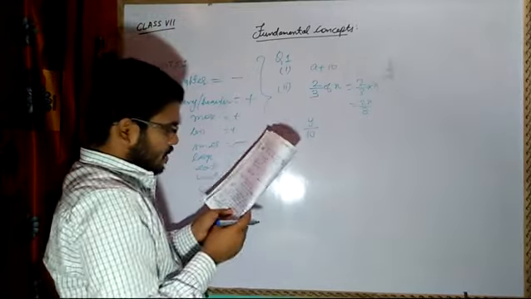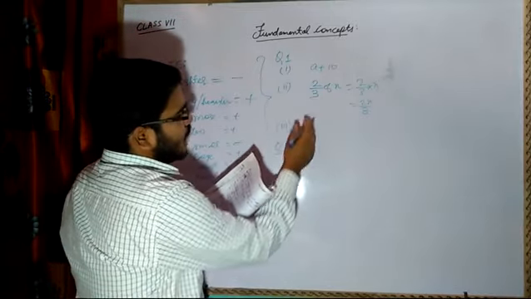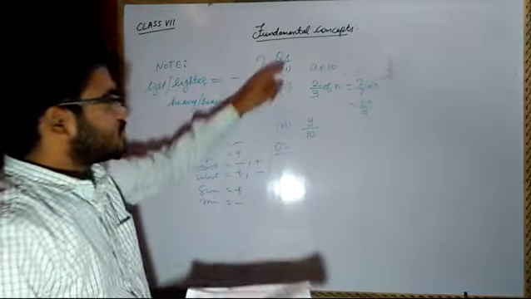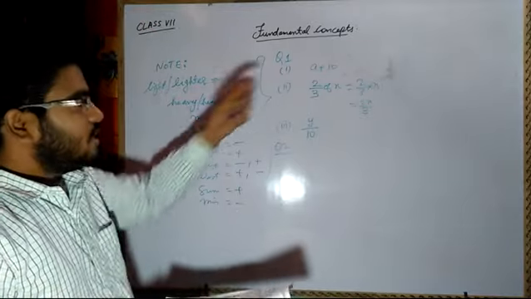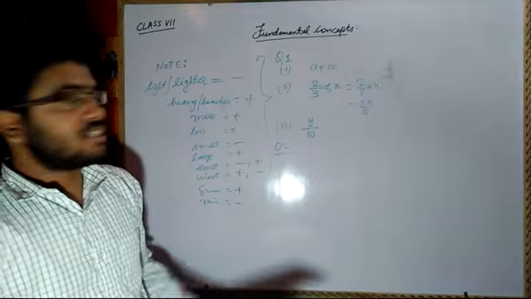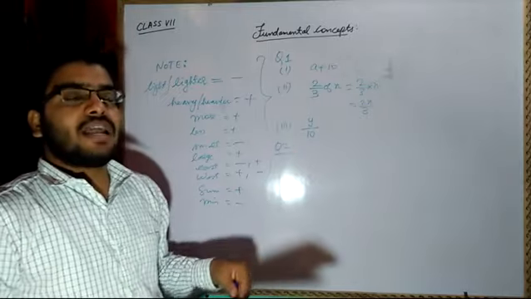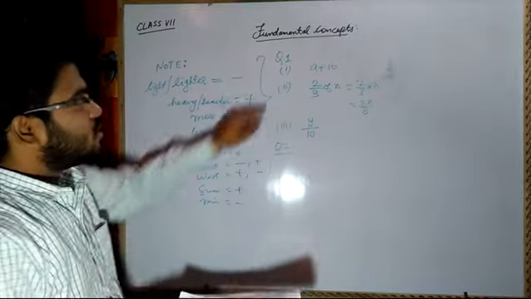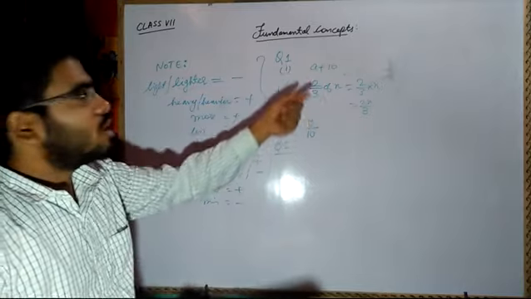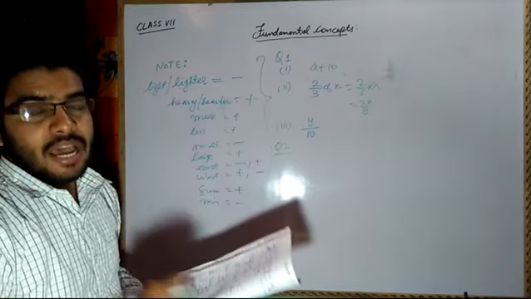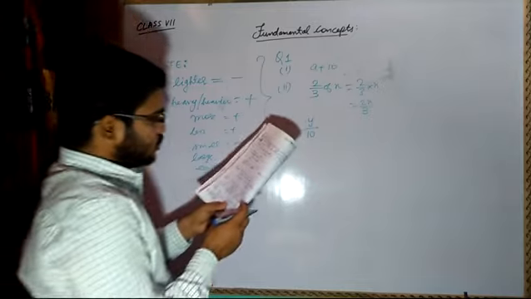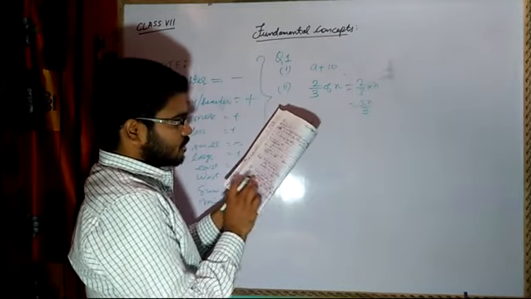So y by 10. Like this you have to just write only this much, my dear students. These all are framing. This will help you frame algebraic expressions in this class as well as in higher classes. Right now they are just giving you small questions so that you will be able to understand and practice.